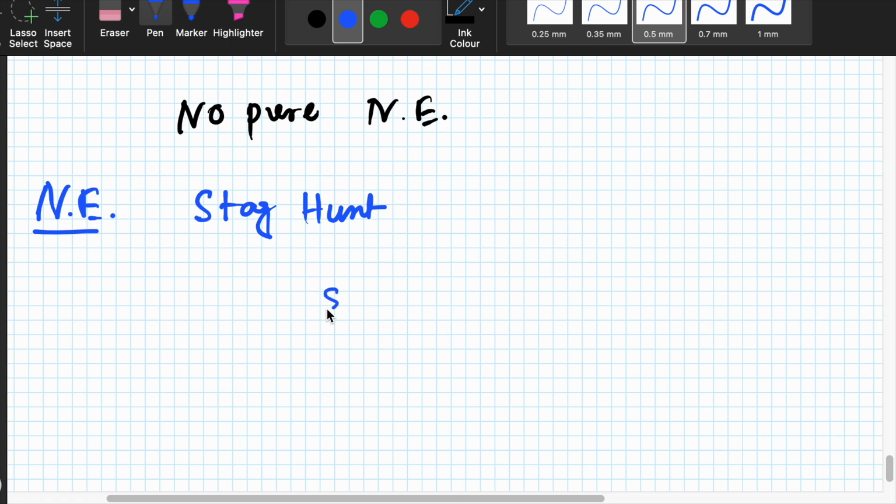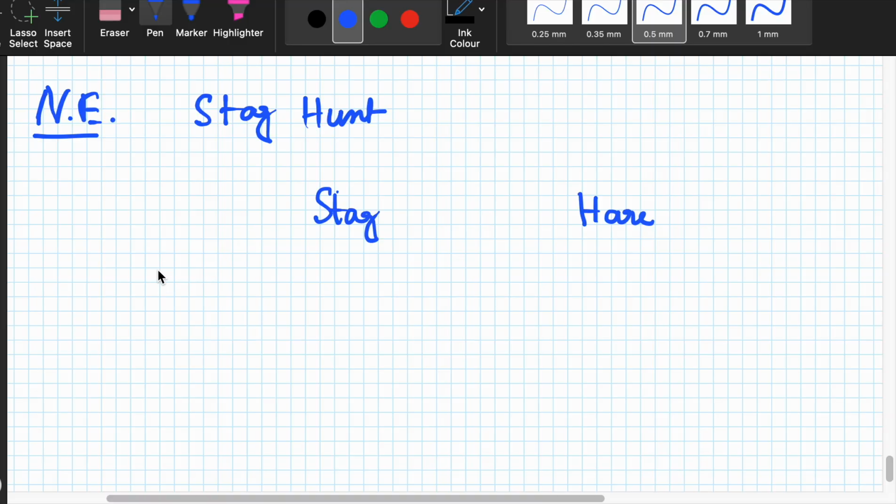One is corresponding to stag, the other is corresponding to hare.